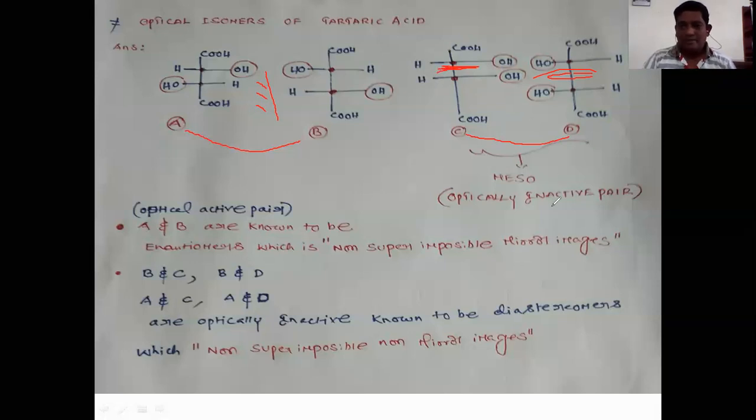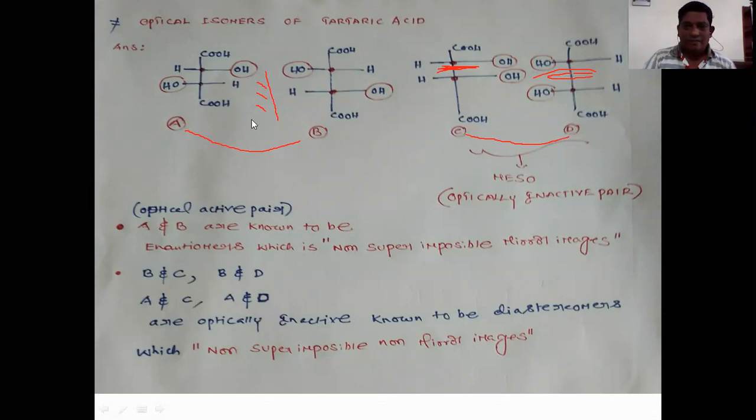I'm repeating. Then, what is meant by enantiomer and what is known to be diastereomer? We will see here. A and B are enantiomers. B and C, diastereomer. B and D, diastereomer. A and C, diastereomer. A and D, diastereomer. C and D, meso.